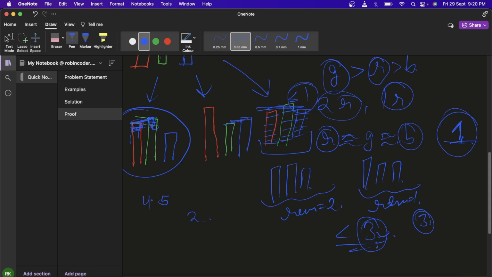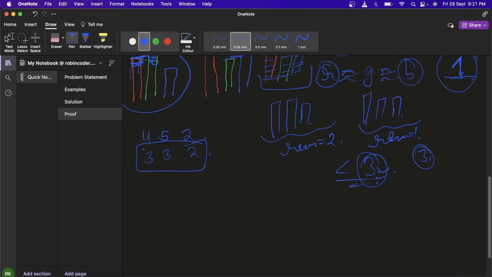So we will use 2 from 5, and 1 from 4, and we will reach here. Now these are equal, so we will use any one of them. And since the difference is less than or equal to 1, we reach this use case.